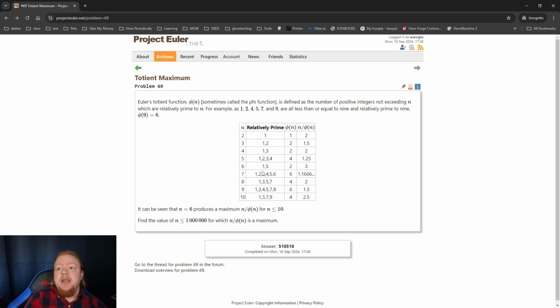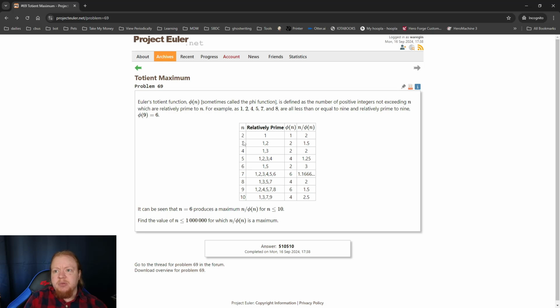Okay, so the key insight here is when you multiply the prime numbers together, that's going to end up with the number that has the fewest relatively prime numbers below it. Because whenever you have an odd number, then all even numbers are relatively prime to it. And like here in 10, we have all of these odd numbers that are relatively prime to it.